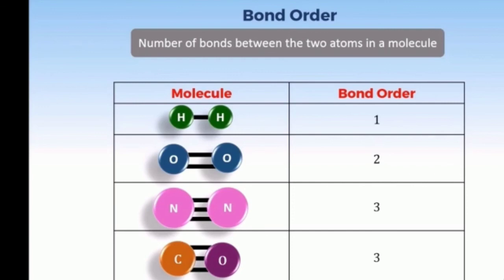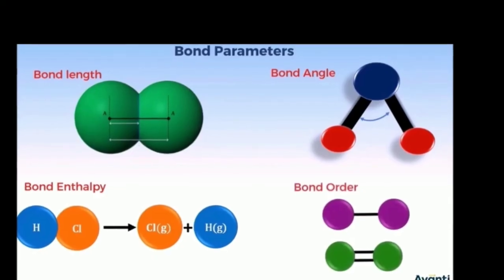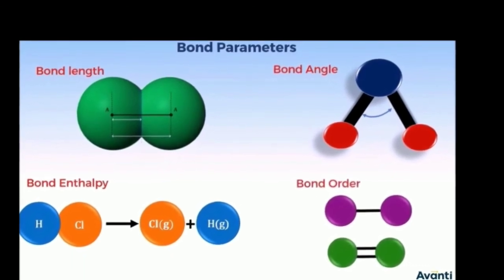Then in the case of nitrogen molecule, it contains 3 bonds between nitrogen atoms, so the bond order is 3. Then in the case of carbon monoxide molecule, there are 3 bonds between carbon and oxygen atoms, so the bond order is 3. So the important bond parameters are over.